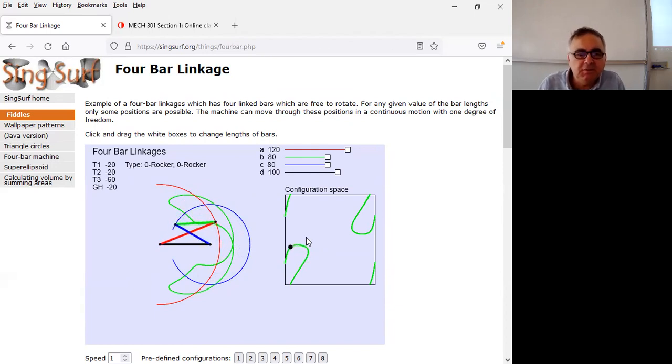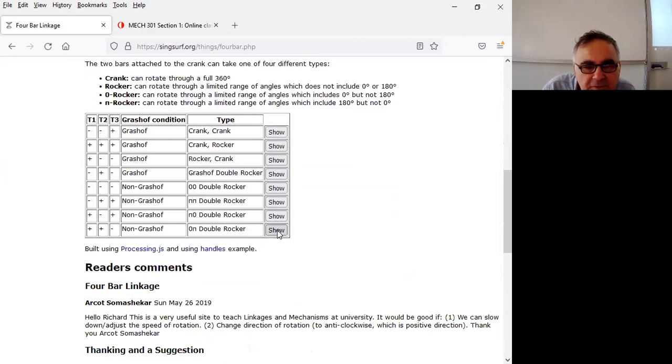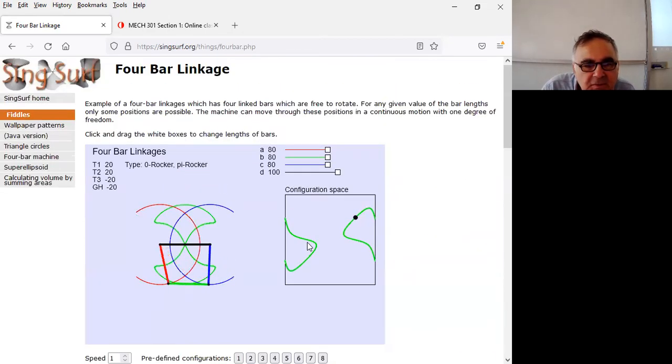You see, you don't want double rocker mechanisms because you cannot really power them with an electric motor or any kind of motor, because both of them have to make rocking motions, but they might be useful for other purposes. All sorts of strange motions are possible with these four-bar mechanisms.